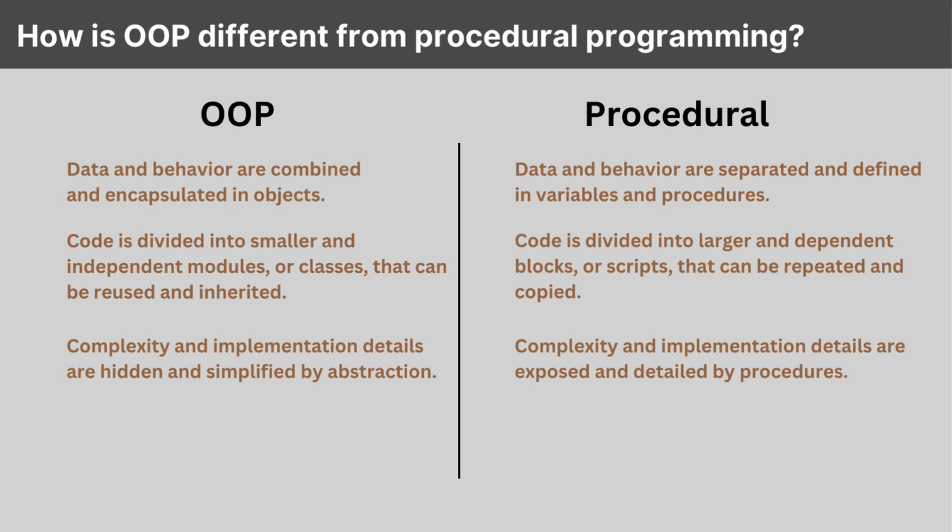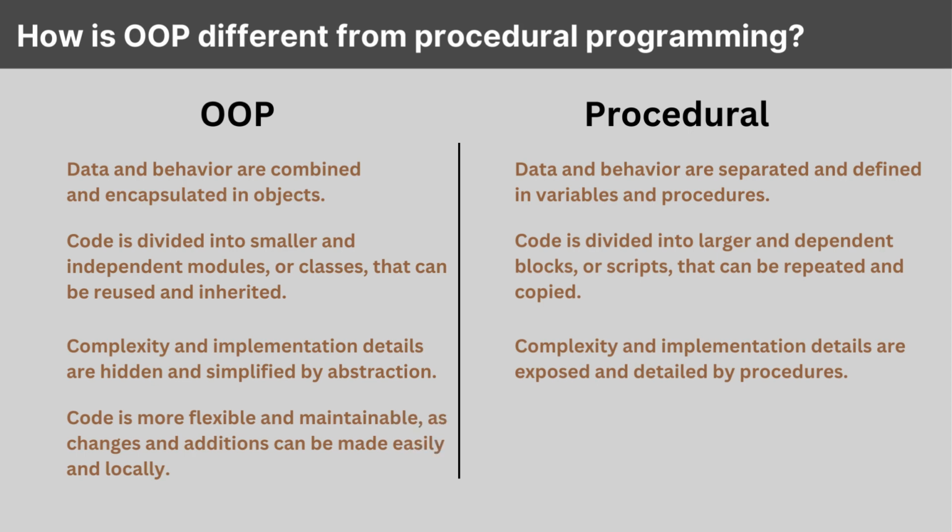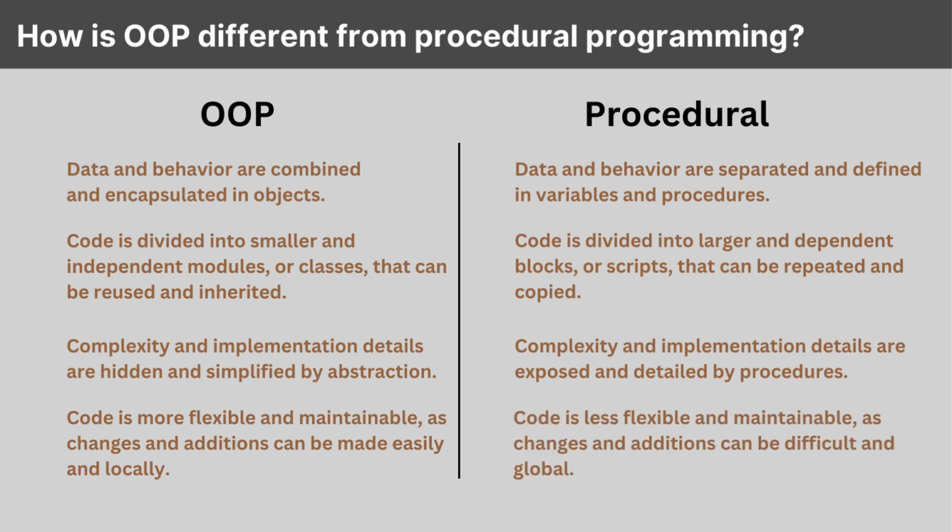And at last, we have flexibility and maintainability. In OOP, code is more flexible and maintainable as changes and additions can be made easily and locally, whereas in procedural programming, code is less flexible and maintainable as changes and additions can be difficult and global.